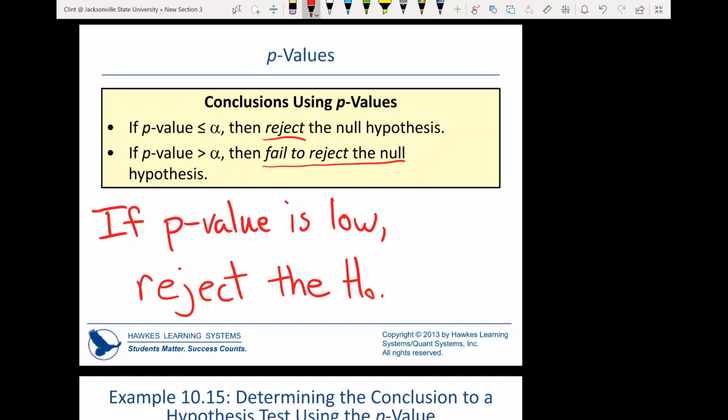Kind of funny, but it'll help you remember. So if the p-value is low, if our p-value is smaller than alpha, then reject the null hypothesis, okay? That'll help it stick with you, okay?